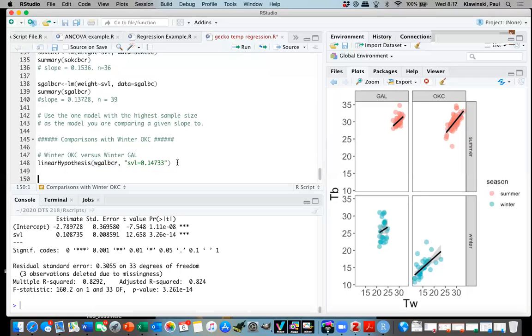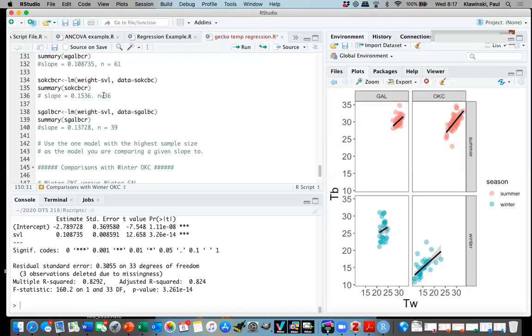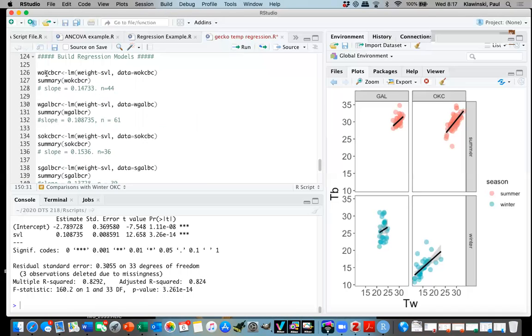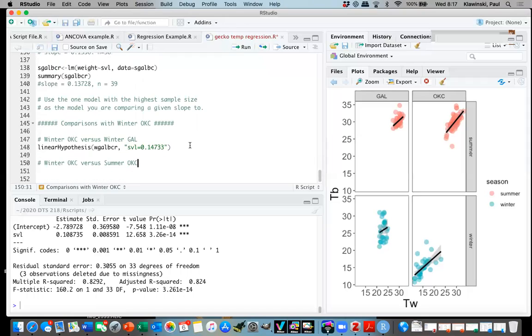To do this for Winter, Oklahoma City versus Summer, Oklahoma City, I would go up here and say, well, which one of these has the highest sample size? Well, Winter, Oklahoma City has a higher sample size than Summer, Oklahoma City. I would actually take this hypothesis and just copy it and paste it down here.